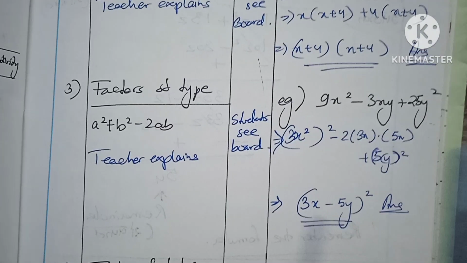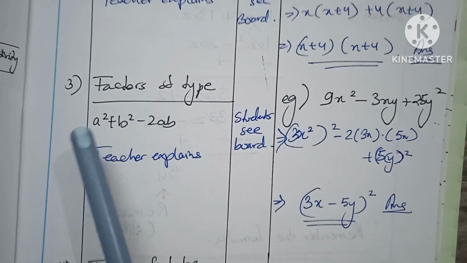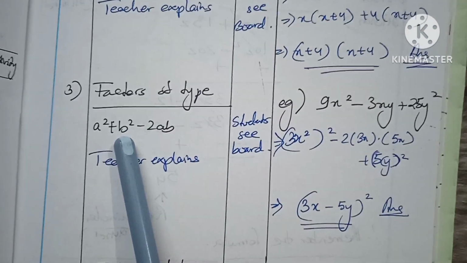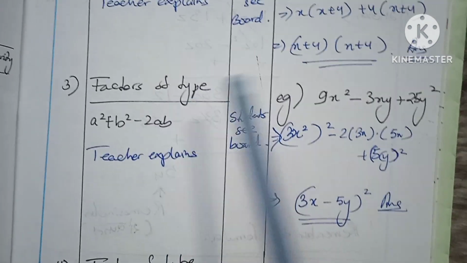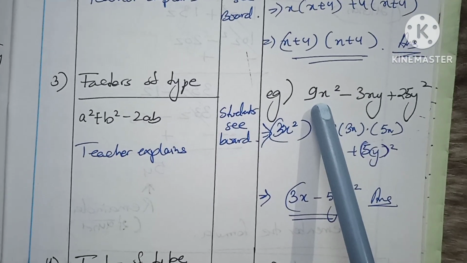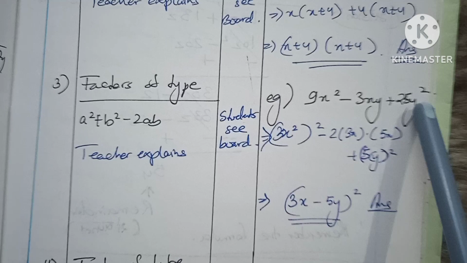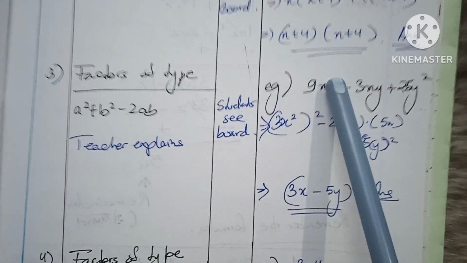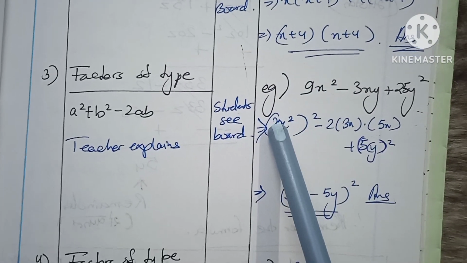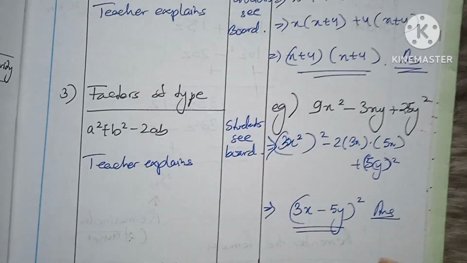Next is the factorization of questions of type a square plus b square minus 2ab. Here we have 9x square minus 30xy plus 25y square. First of all, 9x square can be written as 3x whole square.